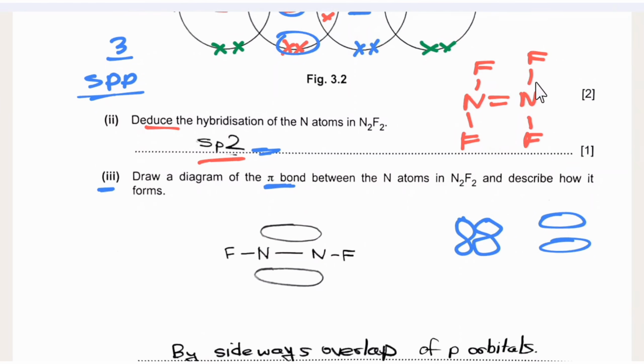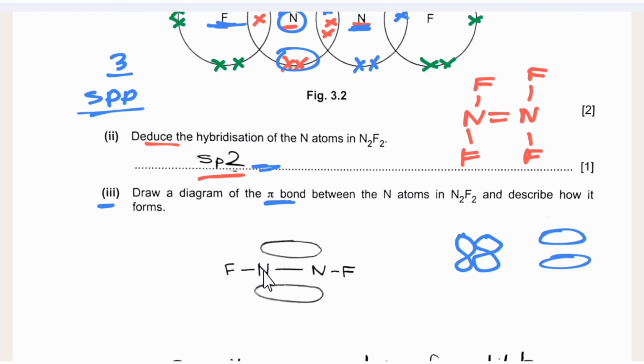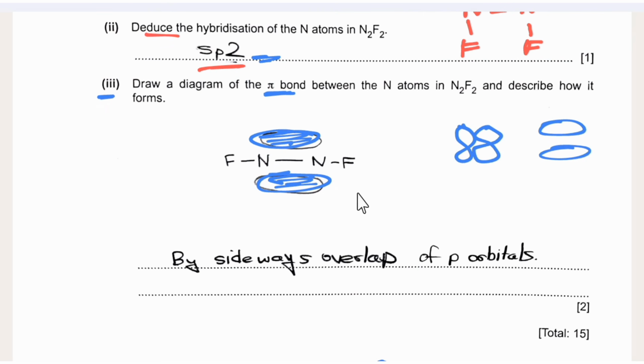For N2F2, first we draw the single bond, that is the sigma bond, then the pi bond is represented by this drawing. How is the pi bond formed? The pi bond is formed by the sideways overlap of p orbitals.